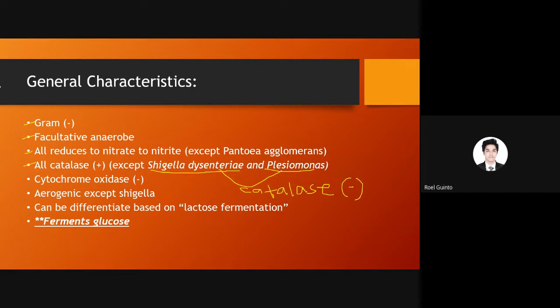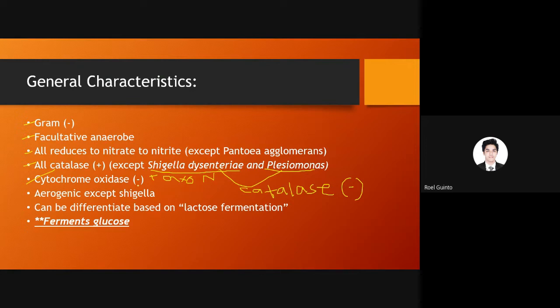Also, Enterobacteriaceae is cytochrome oxidase negative, or what we call TAXO-N. Also, Enterobacteriaceae is aerogenic. They produce gas, except for Shigella.